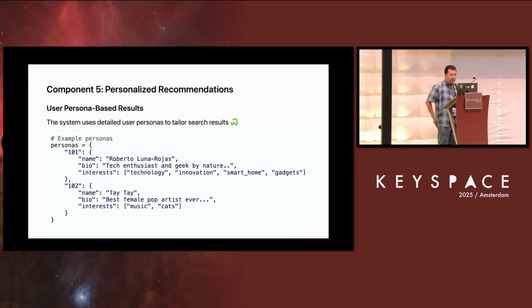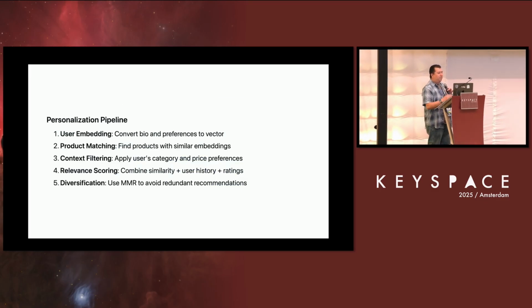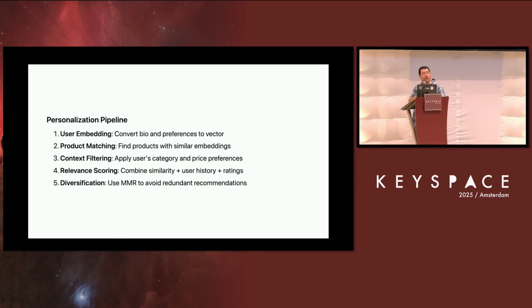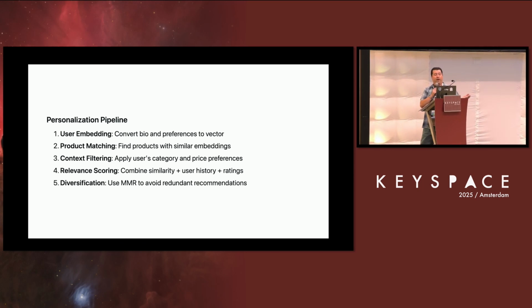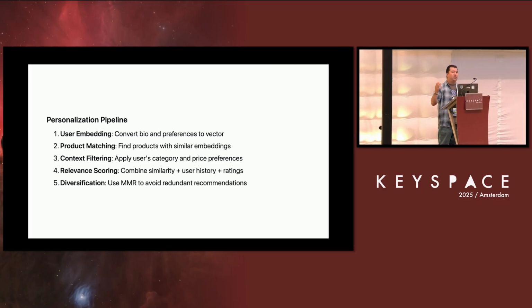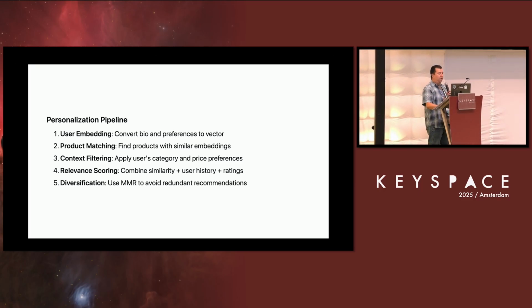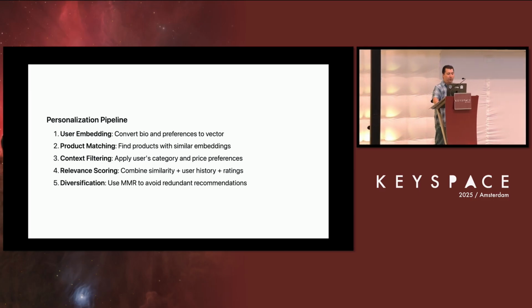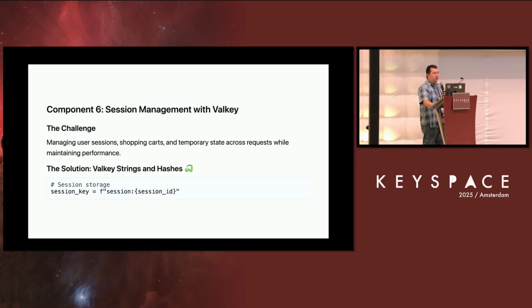So this is pretty much what enables this personalization pipeline, where we're converting the user's preferences to vectors and then finding products that are similar to those embeddings, providing that context filtering and doing that relevant sorting with the MMR algorithm that I showed you before.